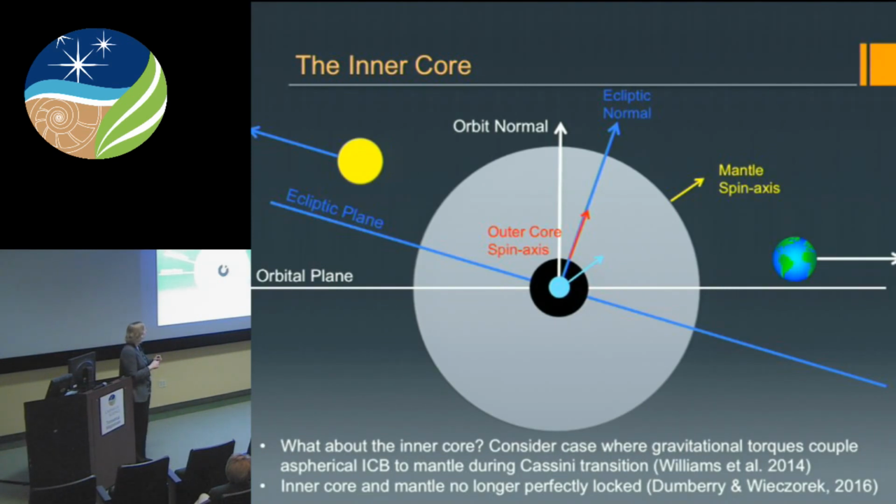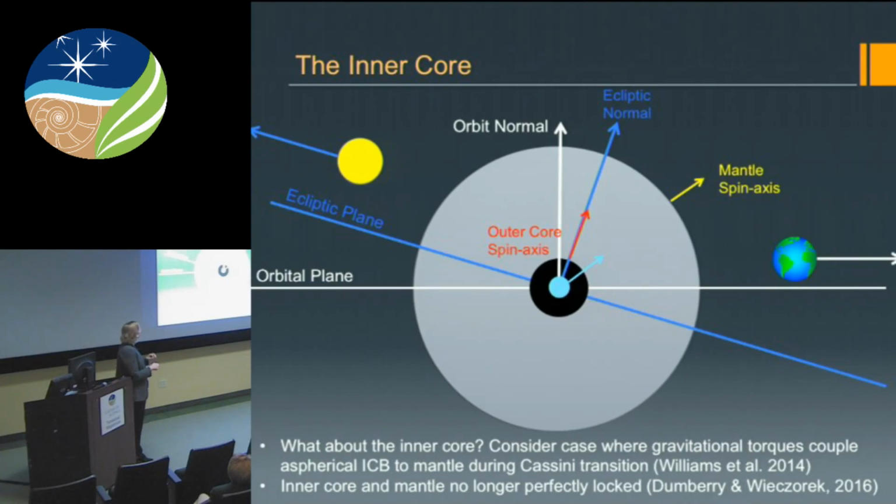So these are the possibilities for the torques acting on the system. In reality, what you would want to do is solve a net torque equation, torque as I omega, to figure out the rotation rate of the inner core. If you do an order of magnitude calculation of the size of those different torques, you end up finding that the gravitational torque is the largest. But there are a lot of assumptions that go into that.